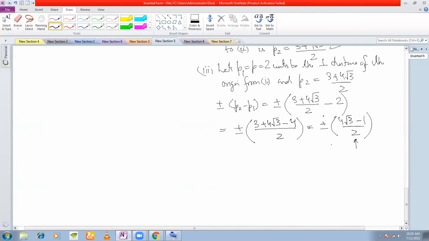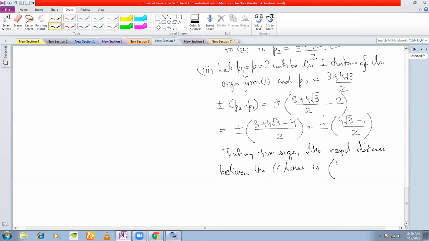Now this quantity is positive because 4 root 3 obviously is greater than 1, isn't it? So that means which sign should I take? Positive sign. Taking positive sign, the required distance between the parallel lines is 4 root 3 minus 1 by 2 units.